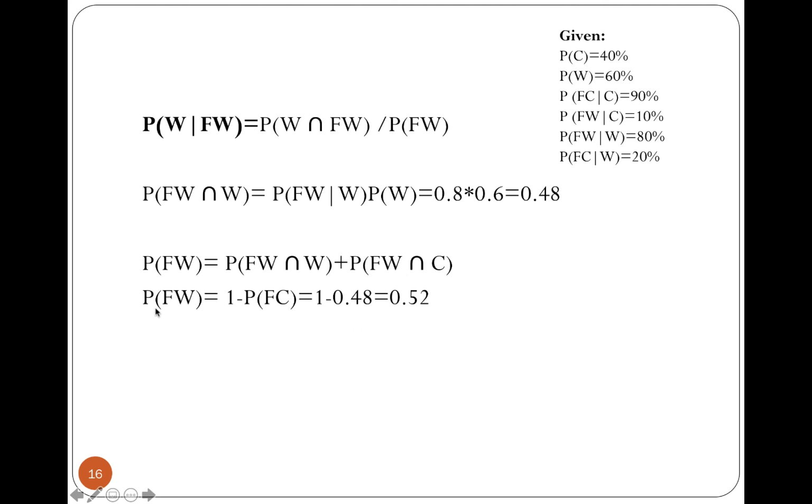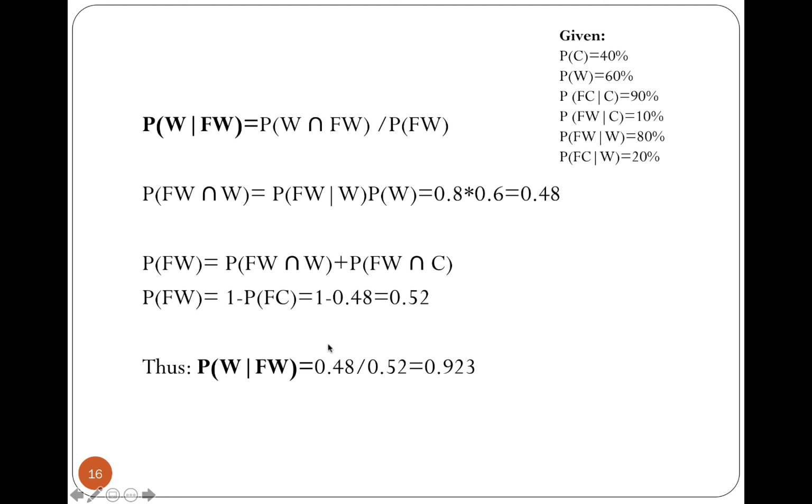So let's stick to this easier way and conclude that the probability of FW, that the forecast says it's going to be warm, is 0.52. By having the numerator and denominator, the probability that we need is 0.48 divided by 0.52, and that's 0.923.